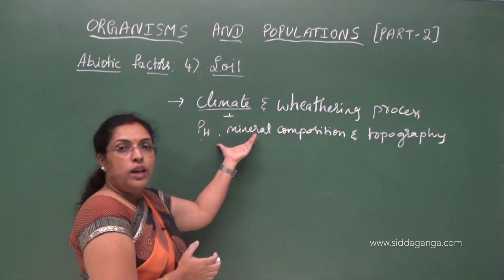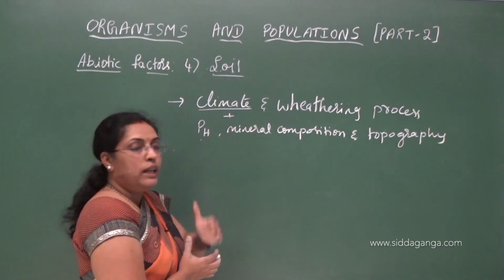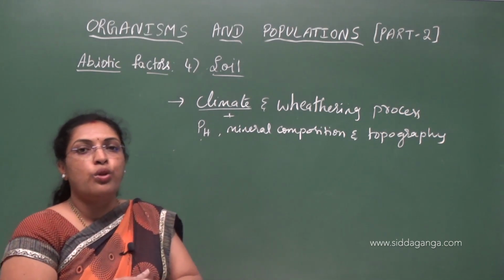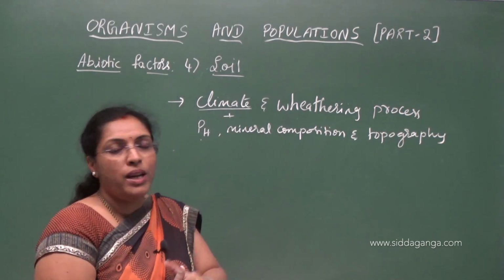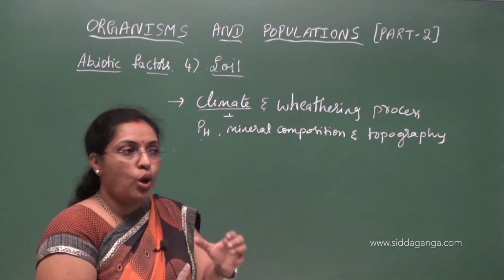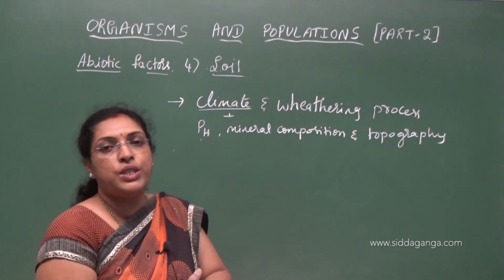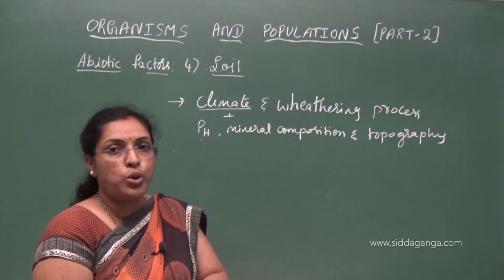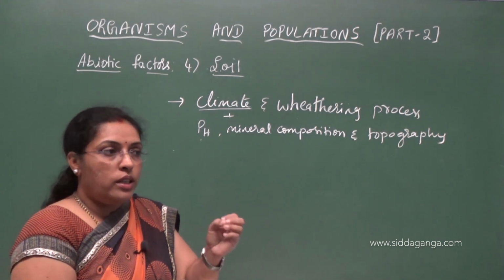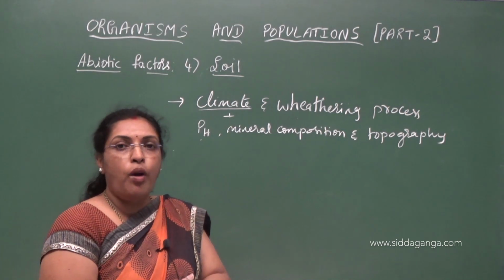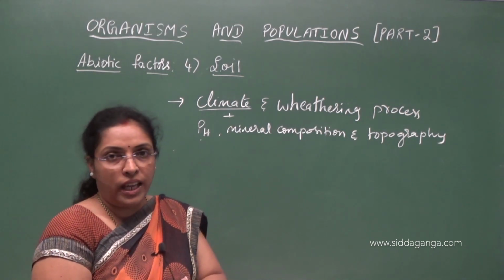This is also important in the benthic zone of the ocean. The type of soil present in the sediment at the last layer of the sea, that is the depth of the ocean, also determines which type of animals are present in that area.